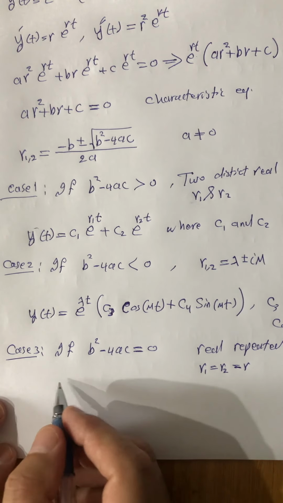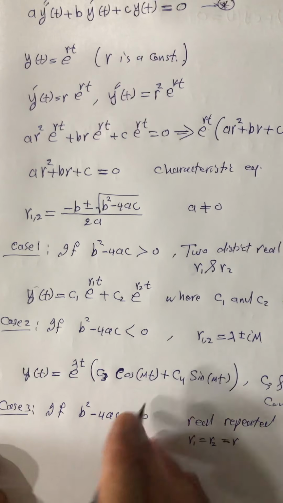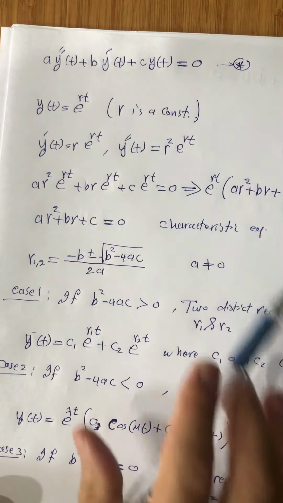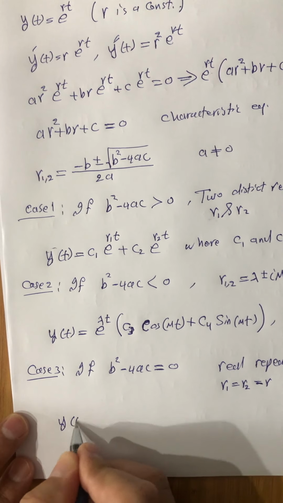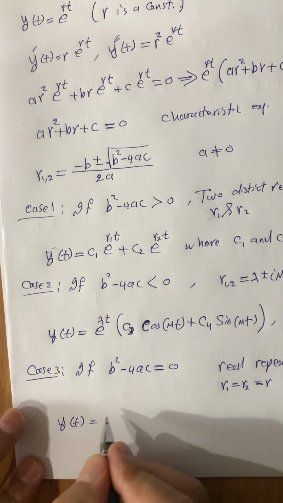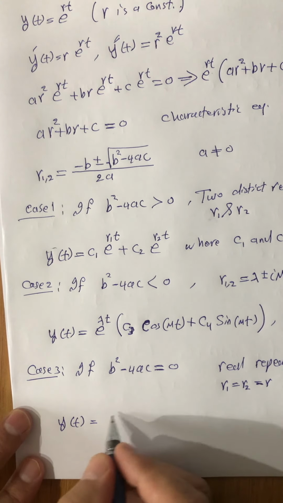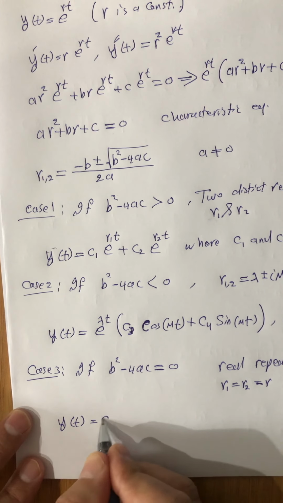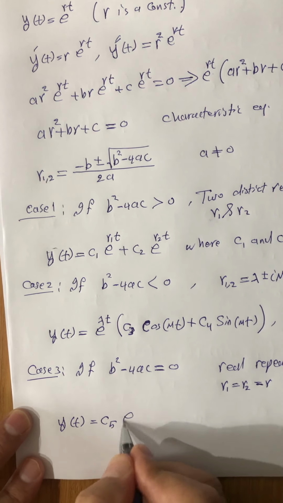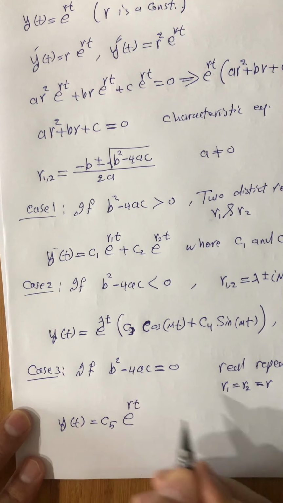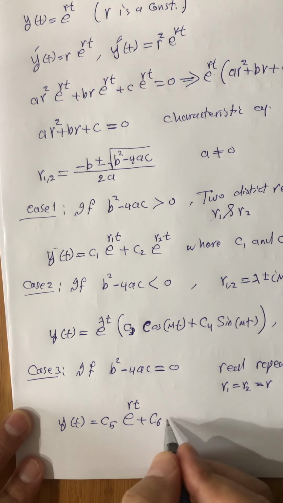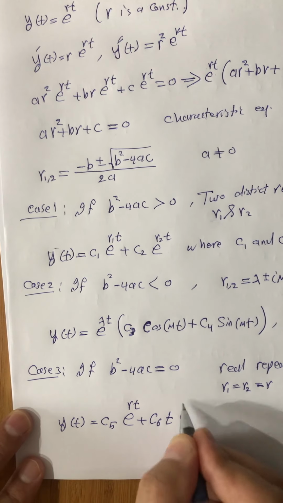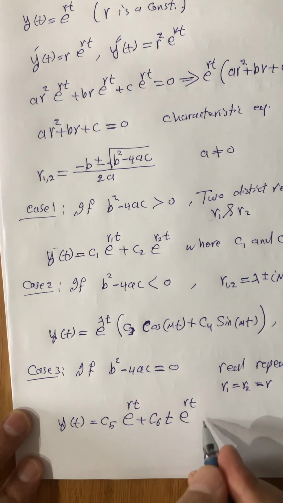Then the general solution of our differential equation star is y of t equals c5 e to the rt plus c6 t e to the rt.